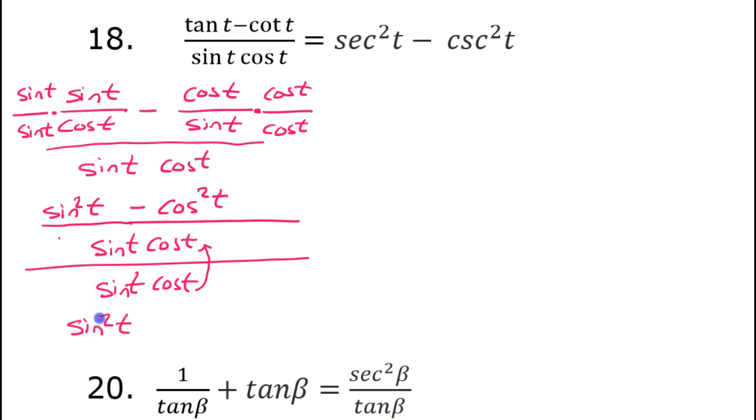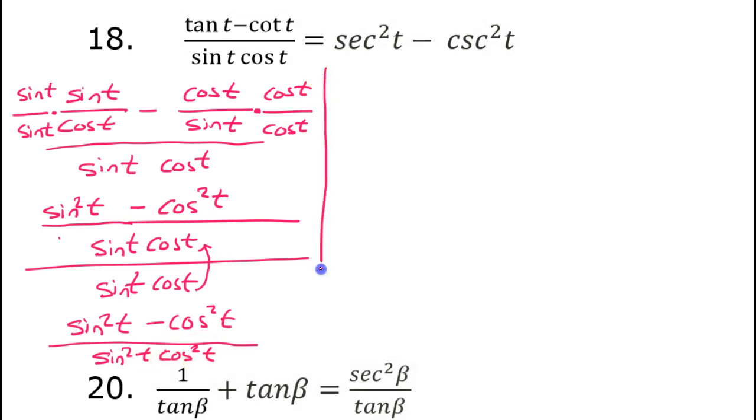So that's going to end up as sine squared t minus cosine squared t over, if I put this up in the denominator, now I've got two of everything. So this is going to be sine squared t cosine squared t. I'm going to need a new column, in fact, I probably should have just written it up here.